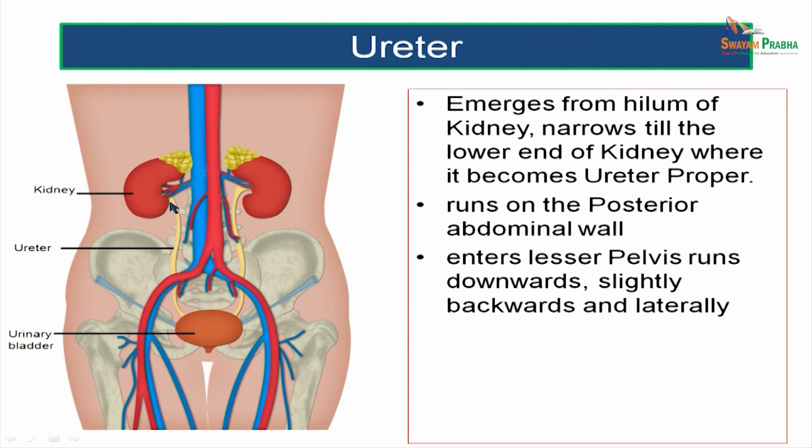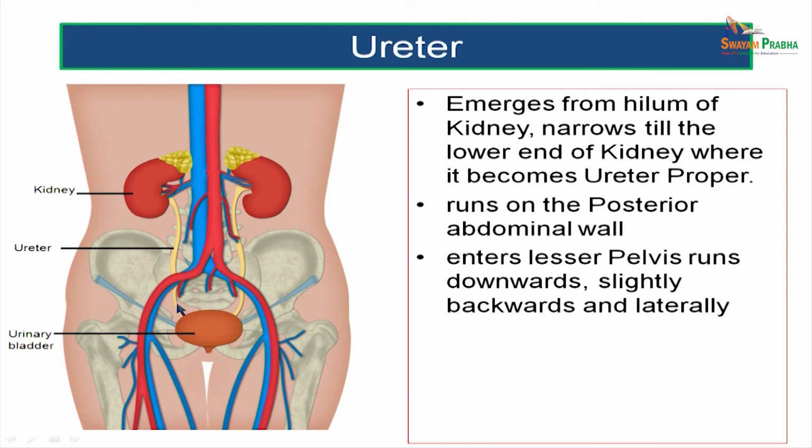The ureters emerge from the hilum of the kidney. This is the hilum of the kidney. It narrows till the lower end of the kidney where it becomes ureter proper. Then it runs on the posterior abdominal wall, after which it enters the lesser pelvis. What you are seeing here is the lesser pelvis where you can see the bladder.